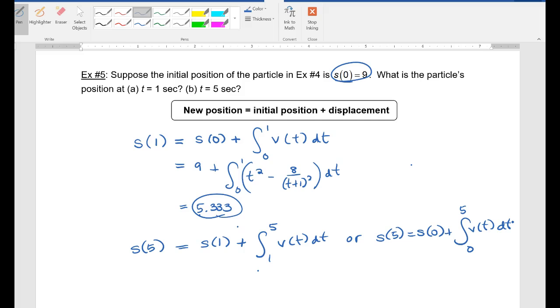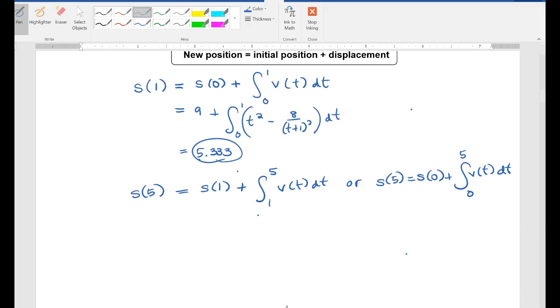Would you suggest we use the second one in case we mess up on the first one? Yes, if you know the initial position, I would prefer this one. So use this when you know the initial.